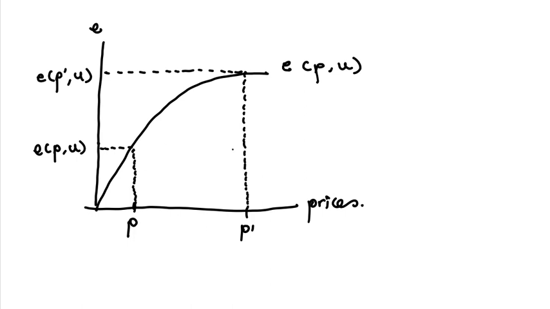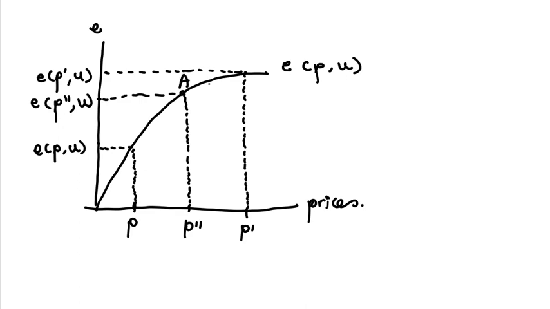Let's say it is somewhere here. I call it P double prime. Therefore, the associated expenditure is this, E of P double prime, a function of P double prime and a given utility. Let's call this point E.